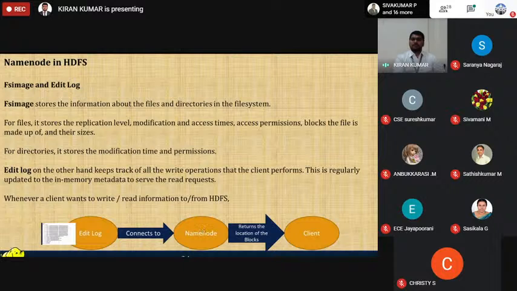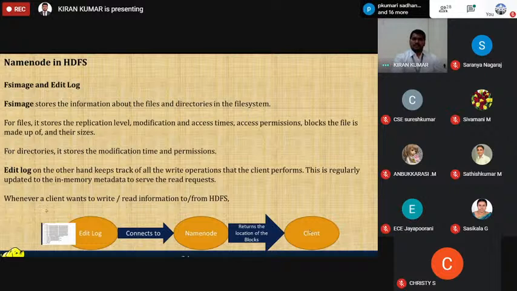So the name node returns the location of the blocks to the client. This is nothing but a read request. If a user wants to read data from the Hadoop framework, the name node will take information from the edit log, because the edit log has all the recent updates of the transactions. That location will be given to the client. So the client will access the data from the data nodes.